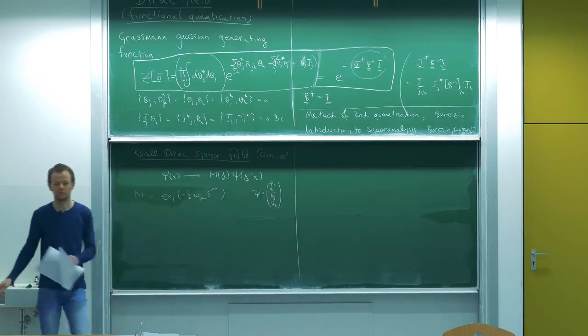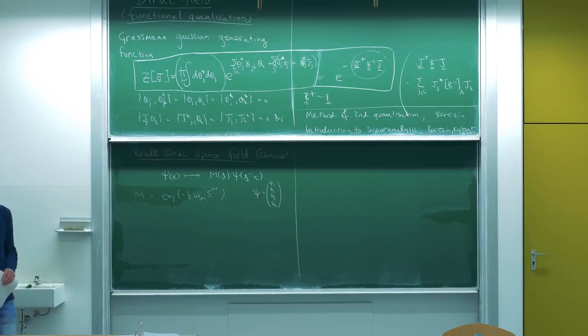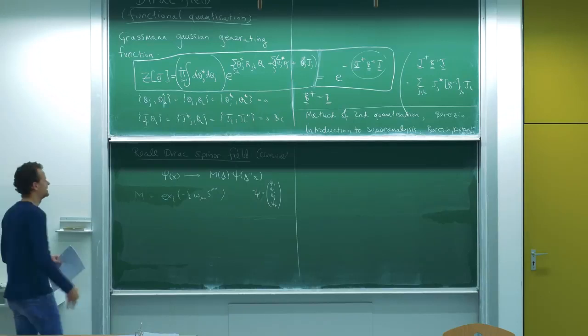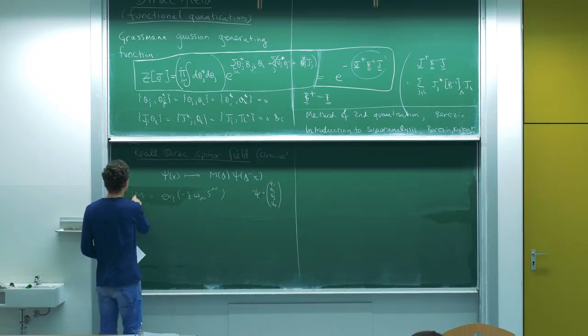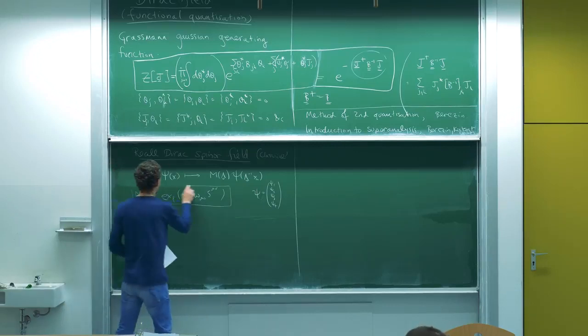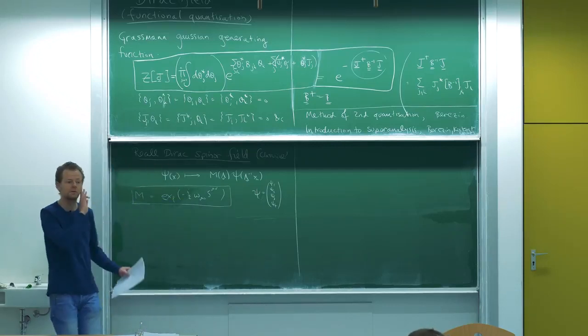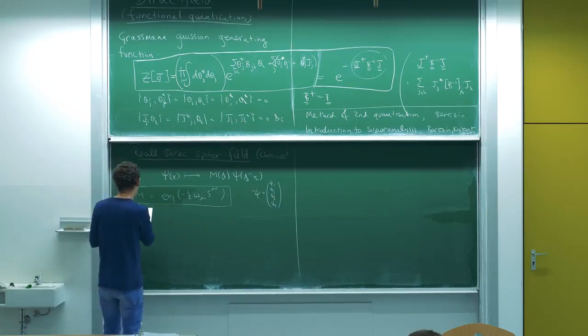So psi's are four-component vectors, the elements of the four-component vector space, but they transform as spinors, which means they transform according to this representation of the Poincare group, or Lorentz group, for the moment.